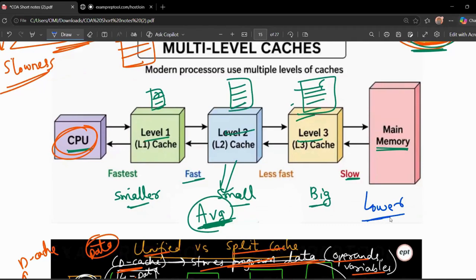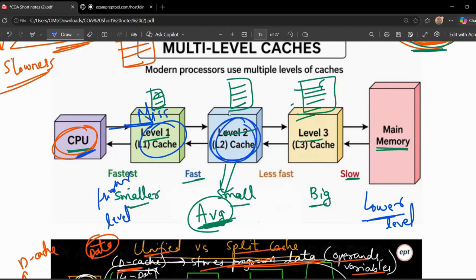This is the lower level, and this is the higher level. The CPU will first access L1. If it is a miss in L1, it will ask L2. If L2 has the block, it will give it to L1.